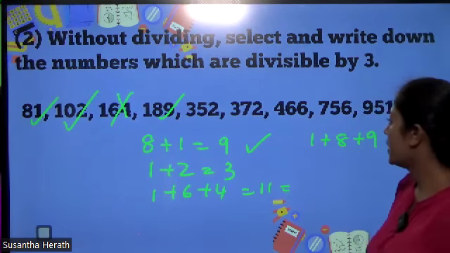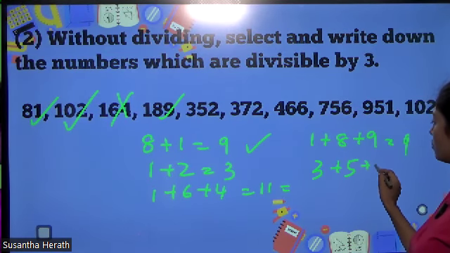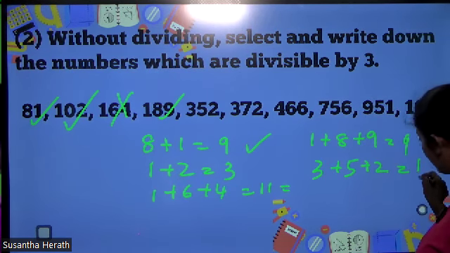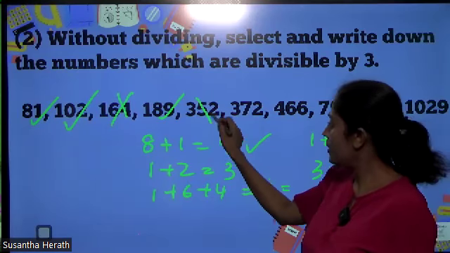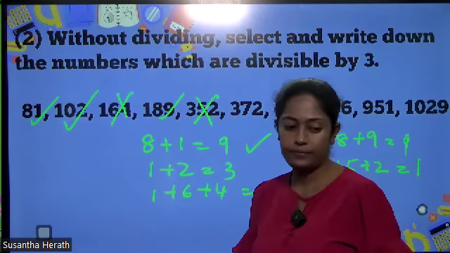Next one, 352. 3 plus 5 plus 2. 3 plus 5, 8. 8 plus 2, 10. 1 plus 0, that means the digital root is 1. We can't divide this by 3.